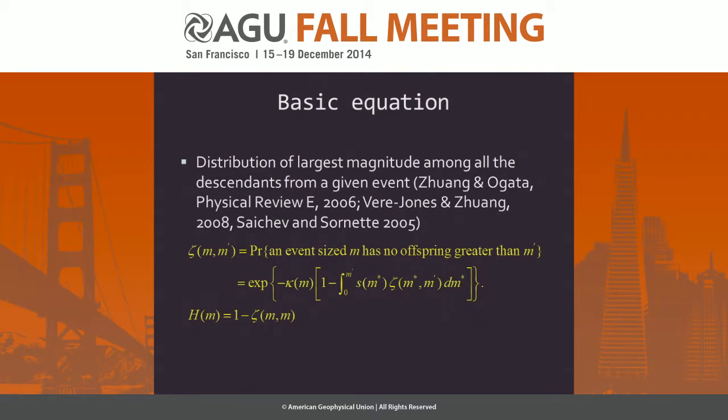The main equation gives the probability that the largest offspring triggered by an earthquake of magnitude m is less than m prime. This equation was obtained by several researchers. The probability that an event is a foreshock can be obtained by setting m prime equal to m.